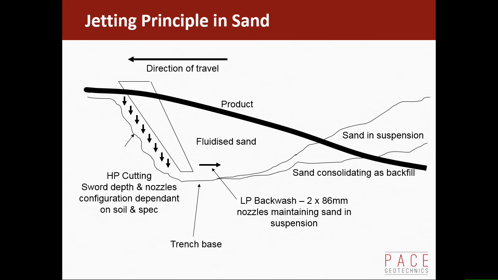And then we have the low pressure nozzles keeping this material in suspension, and then as the trencher progresses forwards, it settles out of suspension. That comment there, 26 millimetres, relates to a specific trencher. It depends on the trencher what size they are.